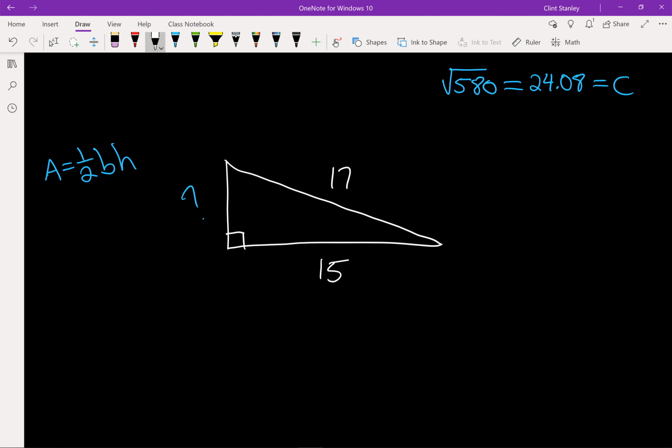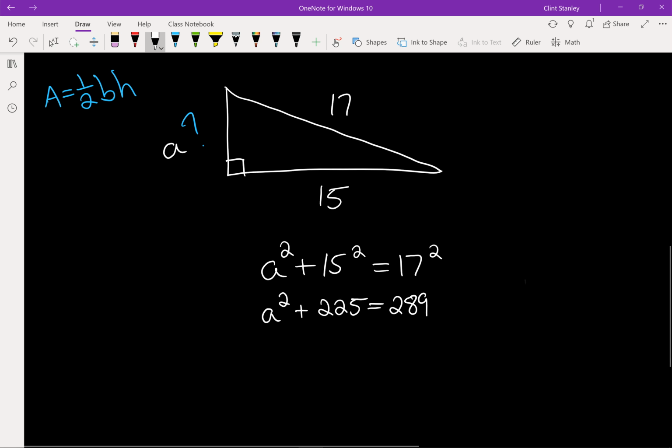And so we've got some side, we'll call this side A. And some side squared plus our other side, 15 squared, equals 17 squared, the long side squared. Okay, so we got A squared plus 225 equals, let's see what 17 squared was again, 289.